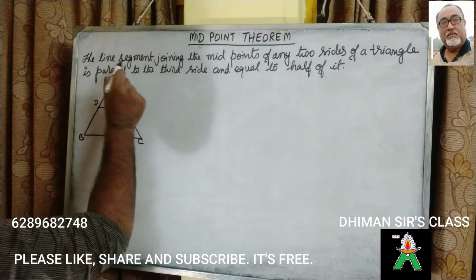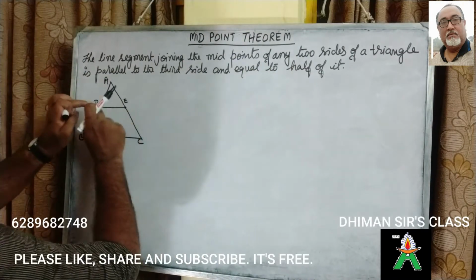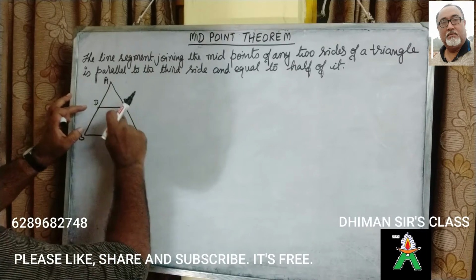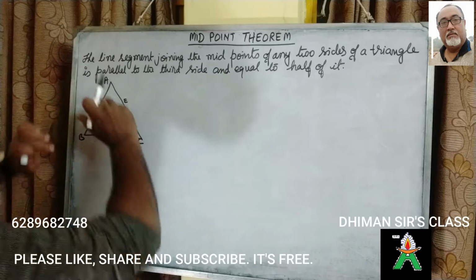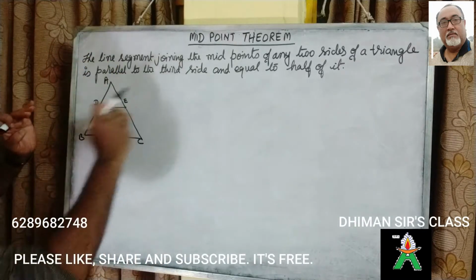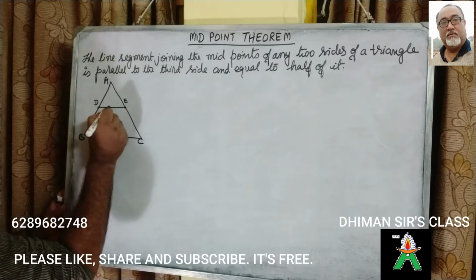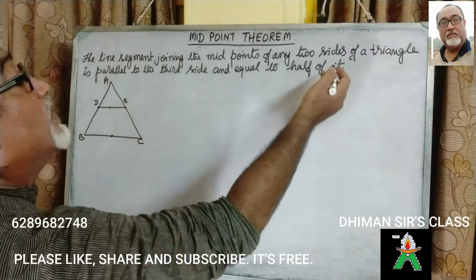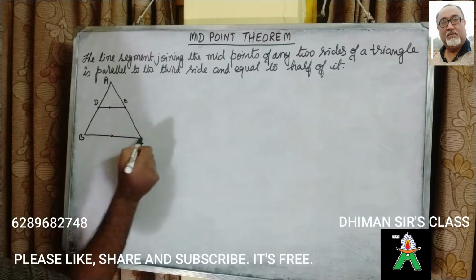The line segment DE is the line segment joining the midpoints of any two sides of a triangle, and it is parallel to the third side. That means this will be parallel to this and equal to half of it: DE is equal to half of BC.